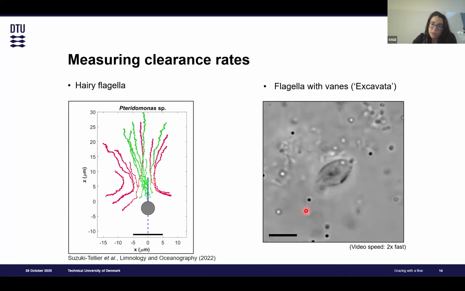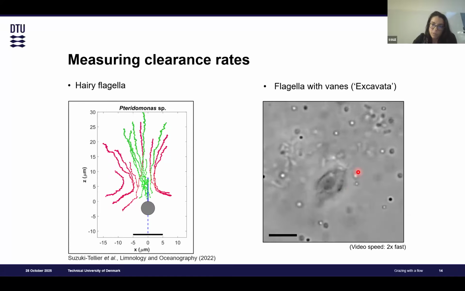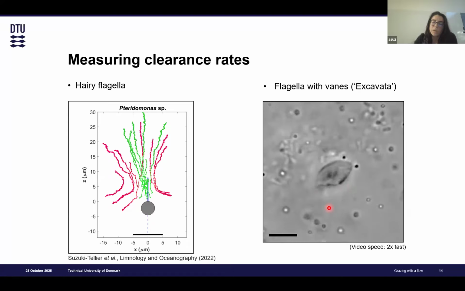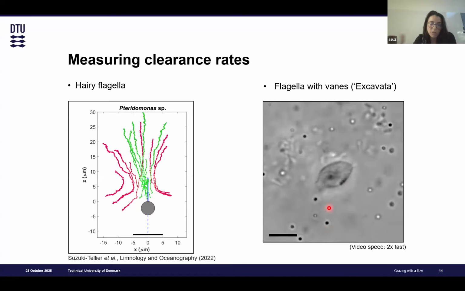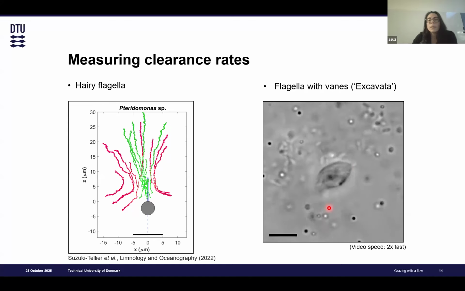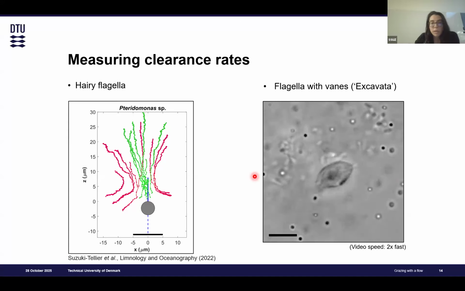And you can see here how the beads go. This is one of the organisms with the vein flagellum, a typical excavate, and you see how it's going through. By getting the speed, and then also measuring the capturing area, basically the area of the pocket or ventral groove that they have, we were able to calculate the volume that they're able to scan.